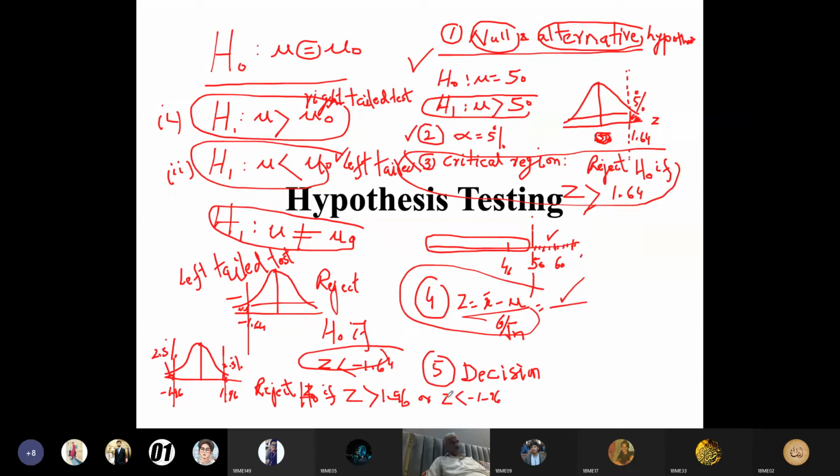That is your decision. Decision is made on the decision line. One side is the safe zone, so here we accept H0. Here is a critical zone, so here we reject H naught.